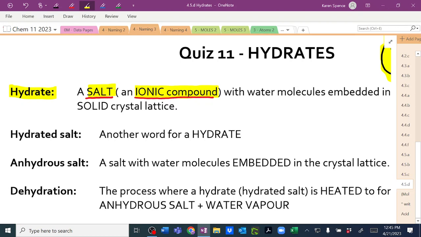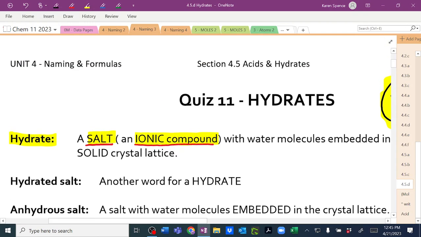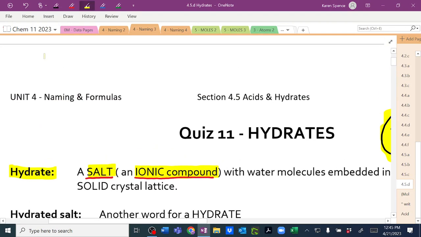Those forces are called intermolecular forces. So let's just write down that term, intermolecular forces. The prefix inter, you guys know what the prefix inter means?